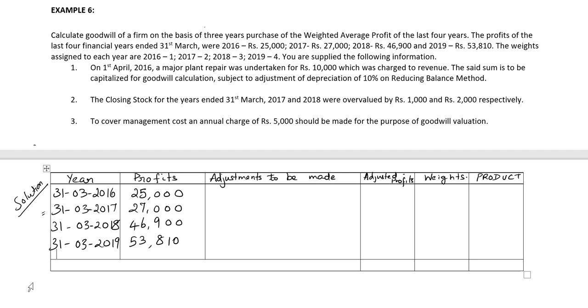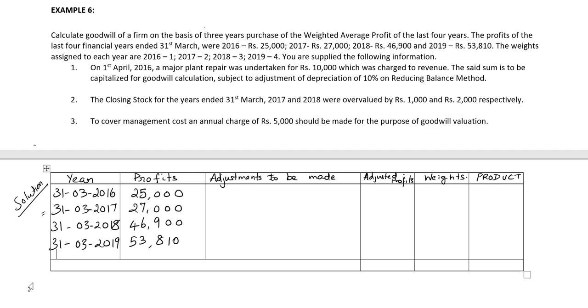It says that on 1st April 2016, a major plant repair was undertaken for rupees 10,000, which was charged to revenue. Now, when a major plant repair is undertaken, it has to be a capitalized expenditure treated as a fixed asset. But it was treated as a revenue expenditure, and thereby the profits got reduced.